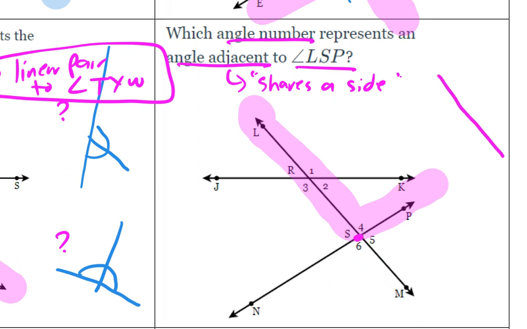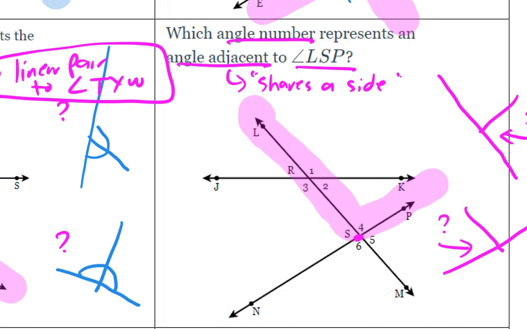So we can think, is it this one right here, or is it like this? Is it that one? Okay, so which one shares a side? Well, it needs to be a number. Over here, this one is a letter S, right?